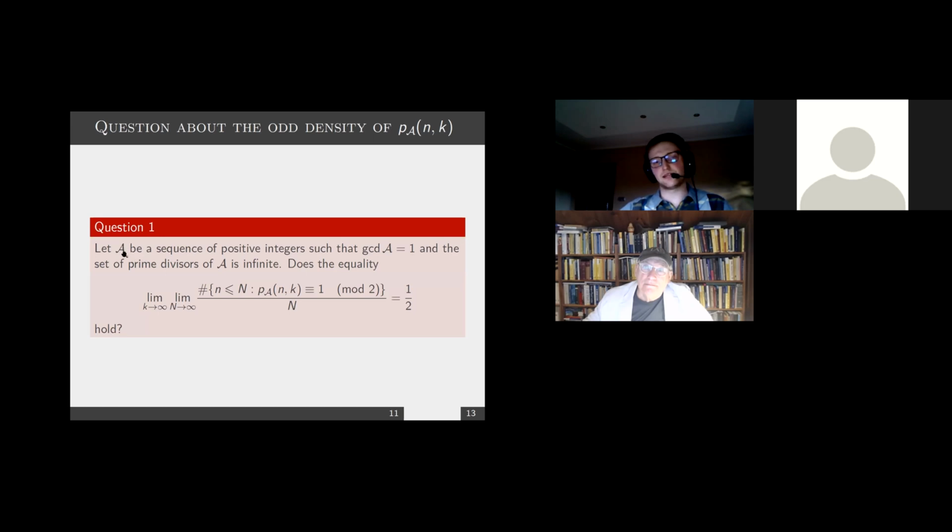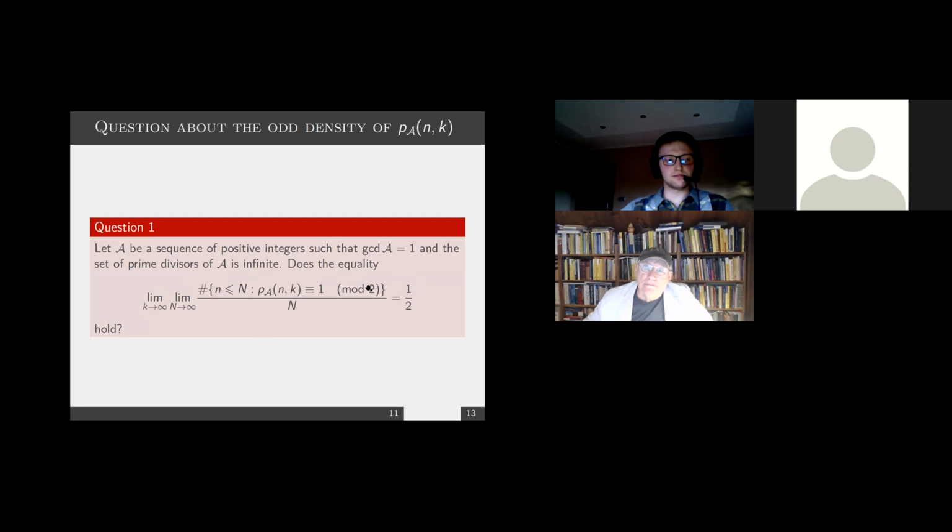Let us assume that curly A is a sequence of positive integers such that the greatest common divisor of A equals 1, and the set of prime divisors of A is infinite. And the question is, does the equality, the limit as k goes to infinity of the odd density of p_A(n, k) equals 1/2, hold? That is the first question.